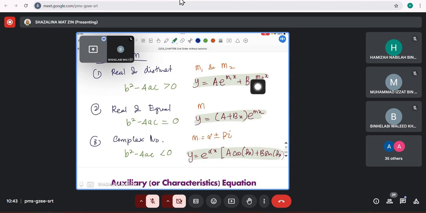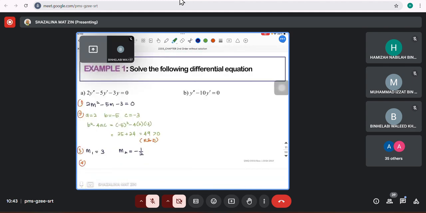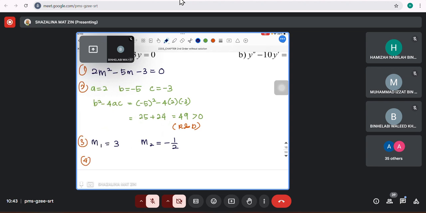Substitute the value of M. So in this case, y equals to A exponent, our M1 here is 3, so 3x plus B exponent negative 1 over 2x. So this is the solution.